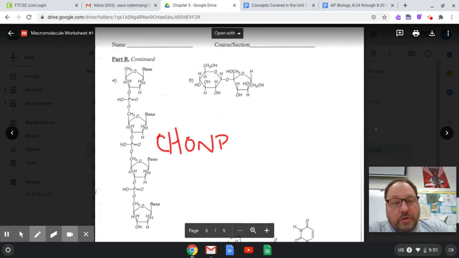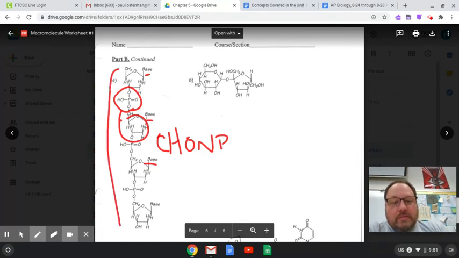So that's your sugar. Then you see your phosphate group here. So we got a sugar phosphate backbone, and then they mention the bases. So there are your nitrogenous bases. So what we're looking at is a polynucleotide. So this is a chain of nucleotides. Okay, so we're dealing with nucleic acids. You got all these oxygens here, so it'll be hydrophilic and polar.